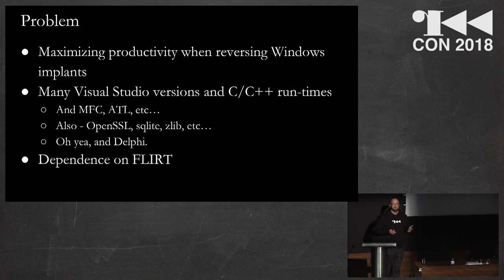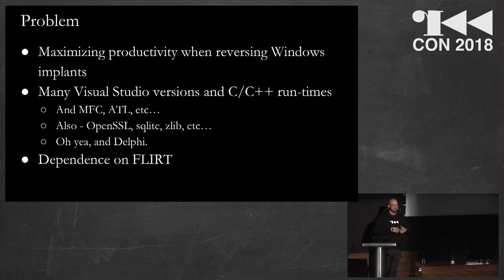In this case, there are tons of different library code that might end up in a file that is compiled by Visual Studio. There are tons of different versions of the Visual C runtime and the Visual C++ runtime. Aside from that, once you start thinking about Microsoft's Foundation Classes or Active Template Library, tons of other library code might get included, so the space for the functions that get added expands.